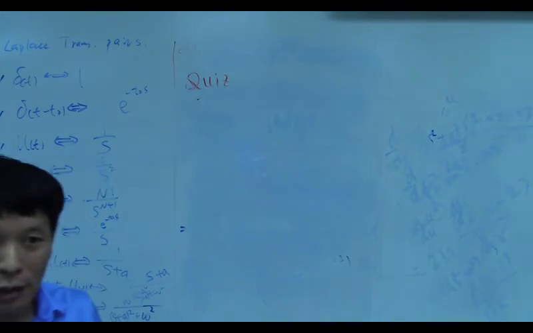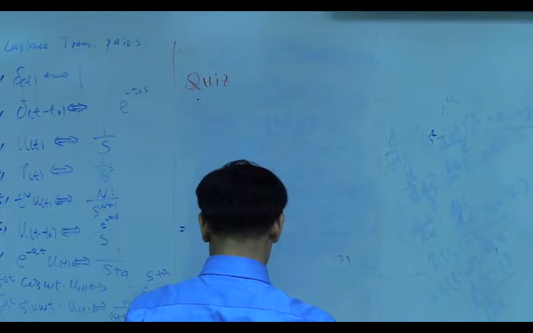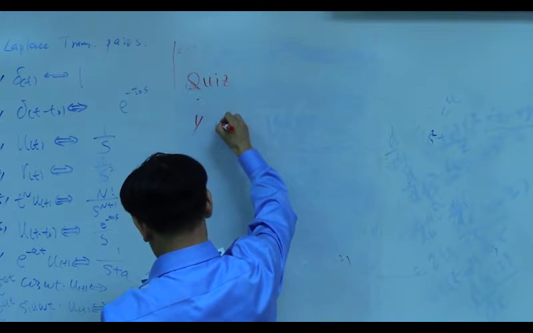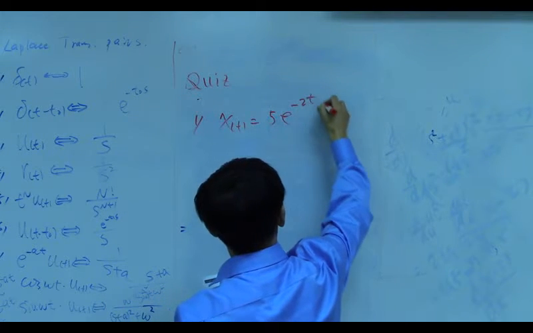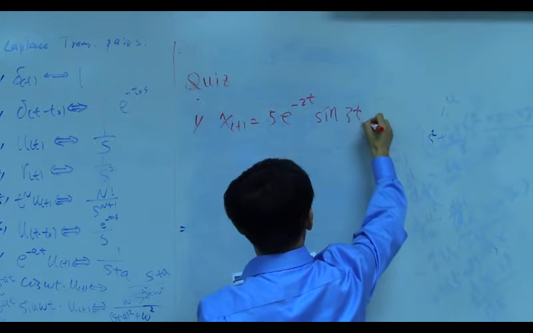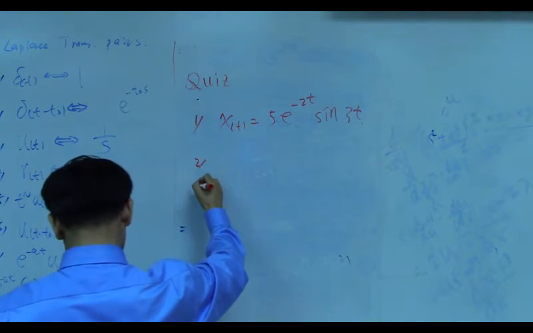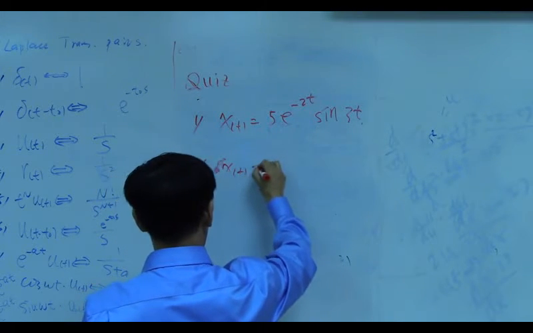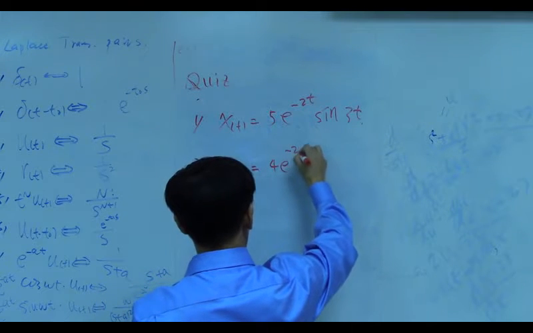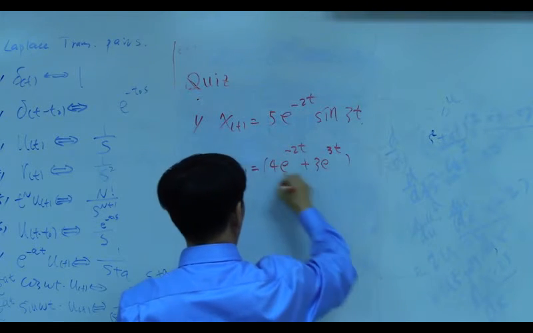Everybody get a piece of paper, right? Then write your name and the ID, then submit. There's always ut for each signal, so I just ignore that part.